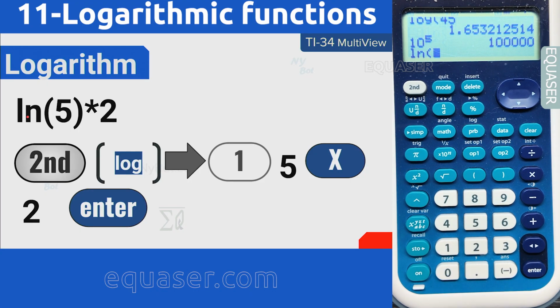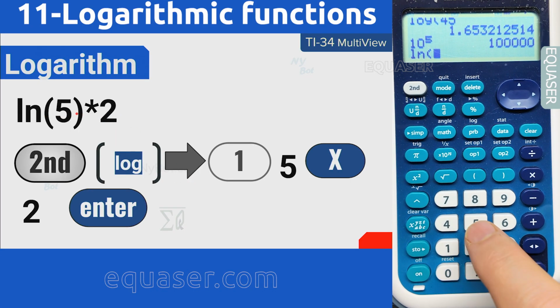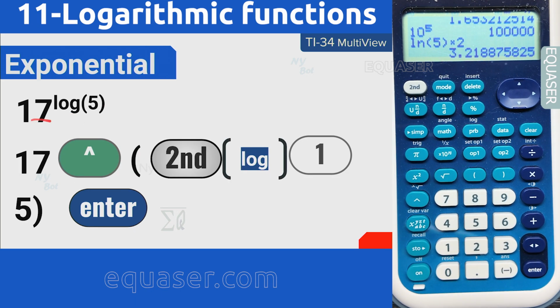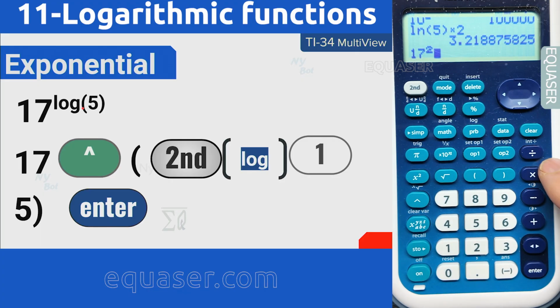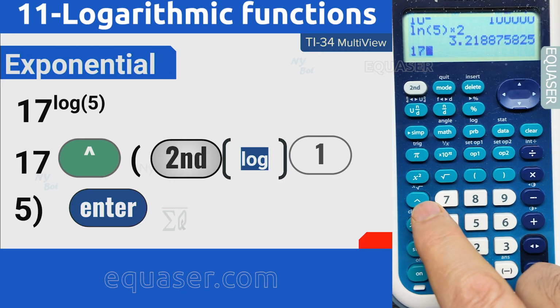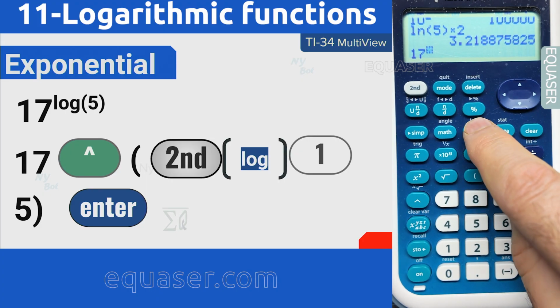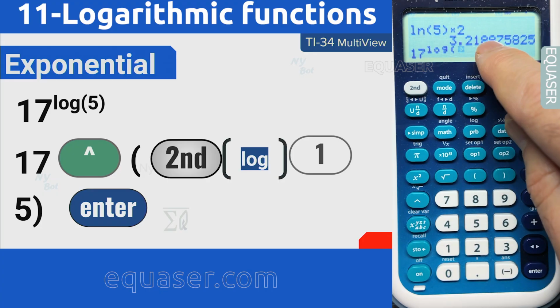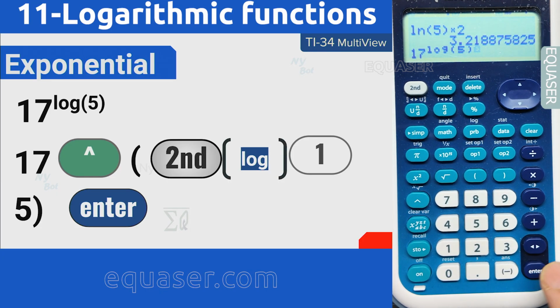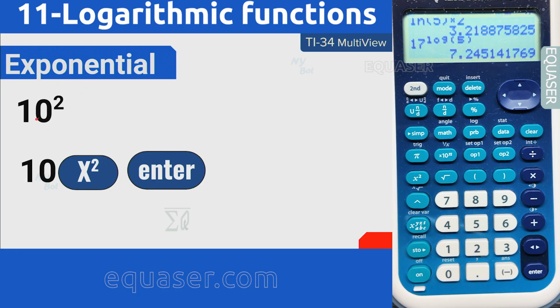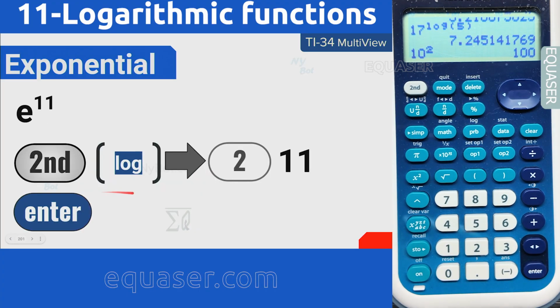So I'm pressing 1, and then 5, close, times 2, and that is the answer. 17 to the power log of 5: 17 to the power, this button, and then second function log 1, and here 5, close it, and that is the answer. If you need exponential, let's say 10 to the power 2.